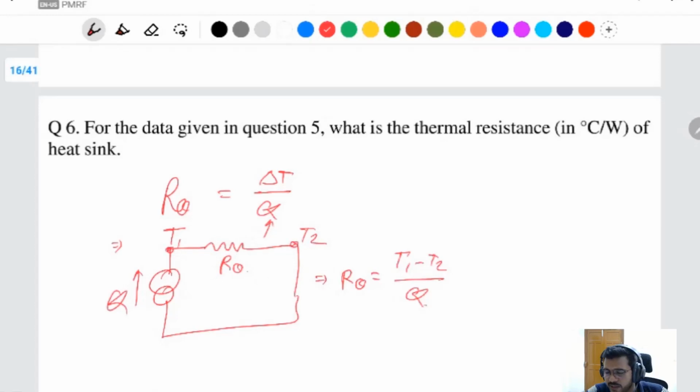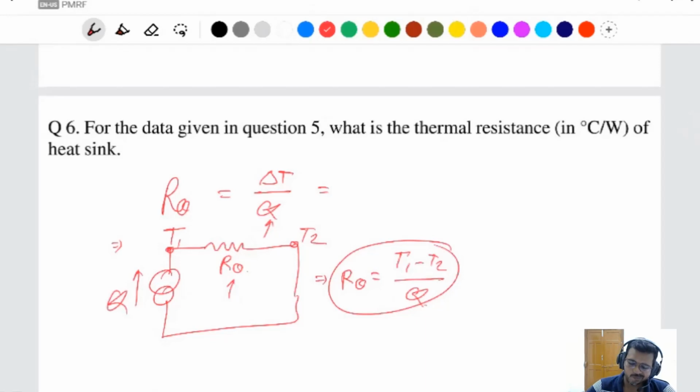Temperature should compare like voltages, and this will be resistance. If you compare the electrical, this will be current. That's why our thermal resistance will be the temperature difference divided by the power transfer, the heat transfer rate. Delta T is equal to 0.1 degree centigrade.